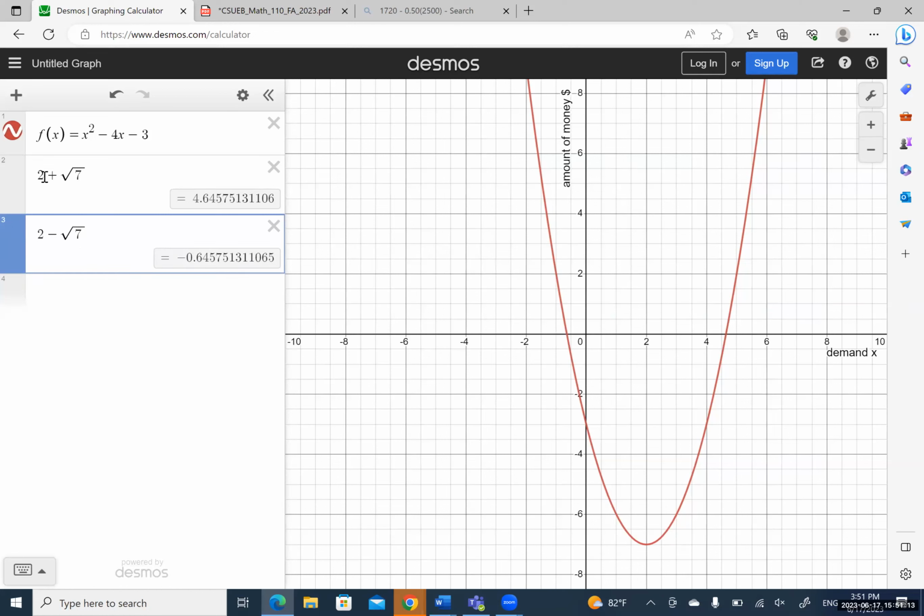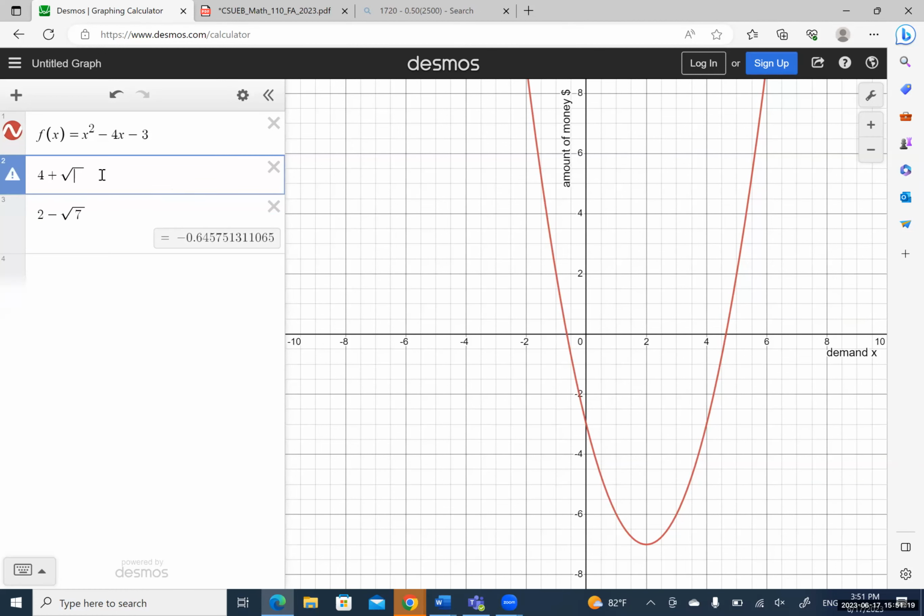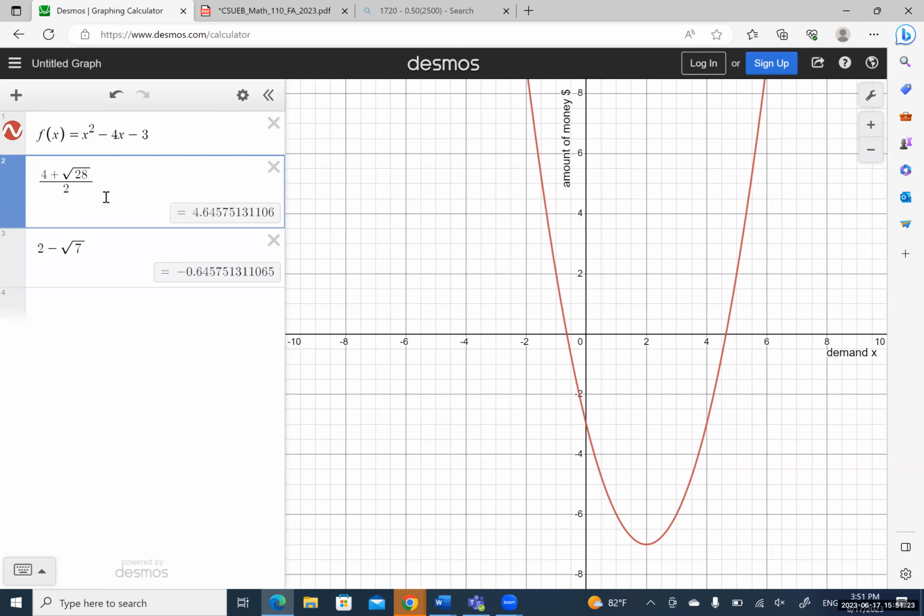Otherwise, you can start from the step that I have, like 4 plus the square root of 28 divided by 2, or 4 minus the square root of 28 divided by 2, right? So that will give you the answer right away.